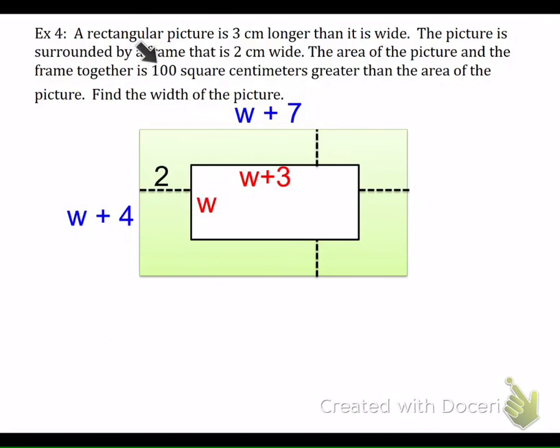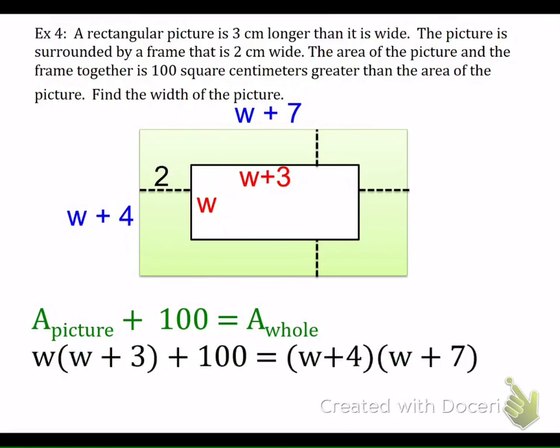You'd add 100. So that's kind of my strategy here. I'm going to find the area of the picture, add 100 to it, and that's going to equal the area of the whole thing. Now you can replace these areas with the actual expressions that would represent the length times the width. So the area of the picture is W times W plus 3. The area of the whole thing is those two binomials, the W plus 7 and the W plus 4.